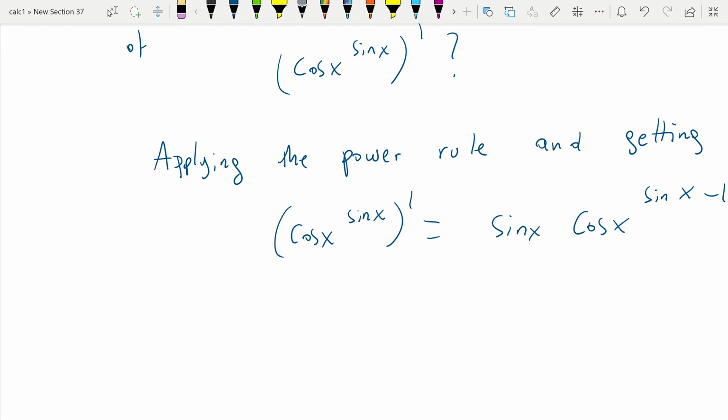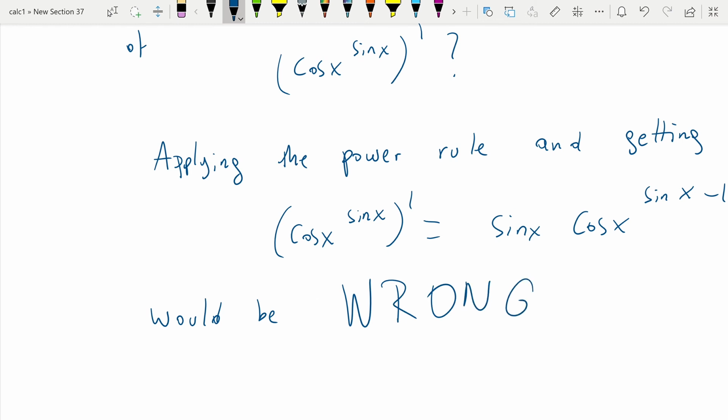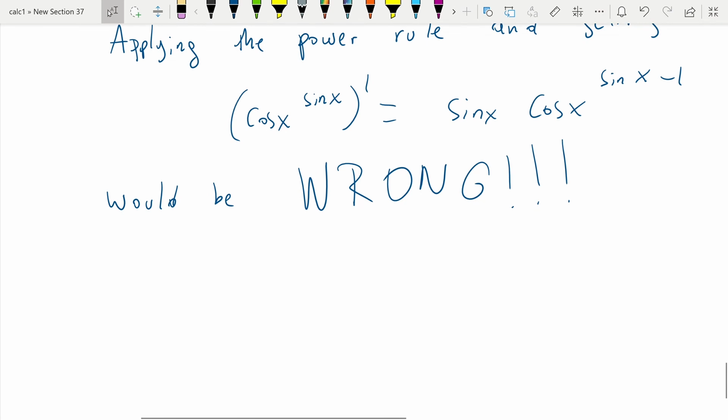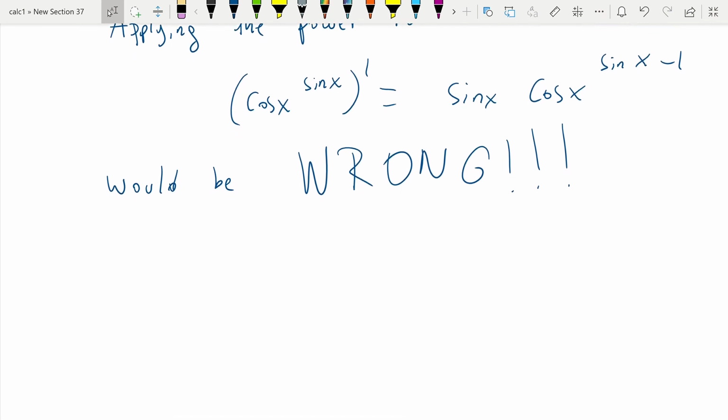This would be completely wrong. I mean, incredibly wrong. The rule only applies to functions raised to a constant exponent.